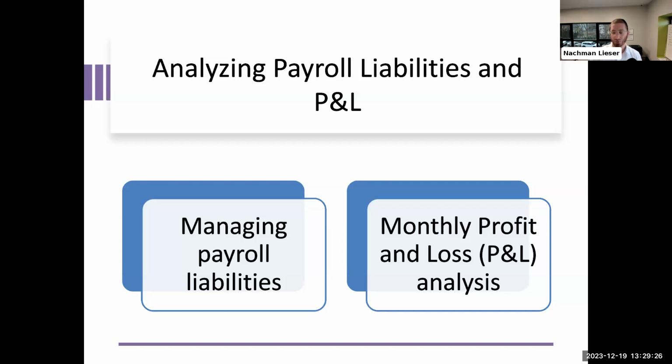When you process payroll, the payroll company right away pulls the taxes out of your account. Sometimes it could take a day or two. So let's say you run your payroll on Monday, maybe they'll pull it out Tuesday or Wednesday. So your payroll liability should really be zero. Most of the time that should be the case.